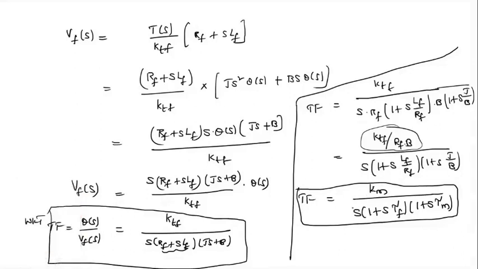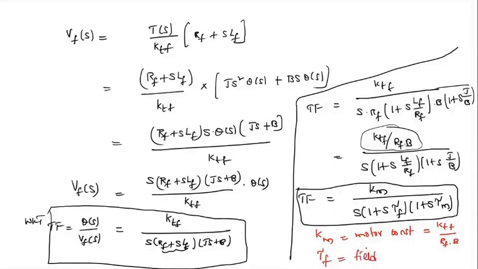Km is nothing but the motor constant, equals KTF by RF into B. That is the motor constant. Now tau F is the field time constant.